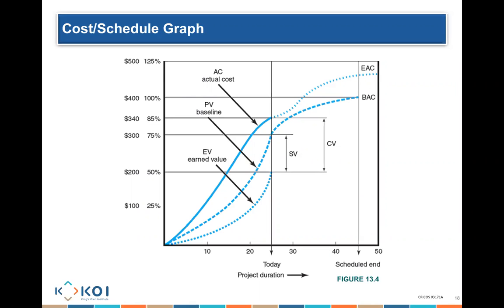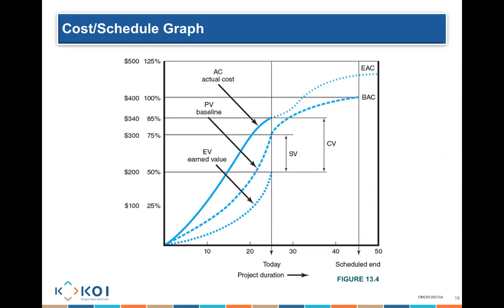What do you think? The project ended up cheaper than it was supposed to be. Okay, what is this called? What's BAC? Baseline cost. Yeah, so it's budgeted at completion.